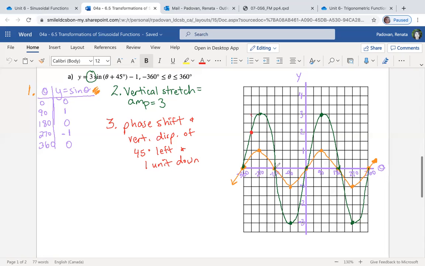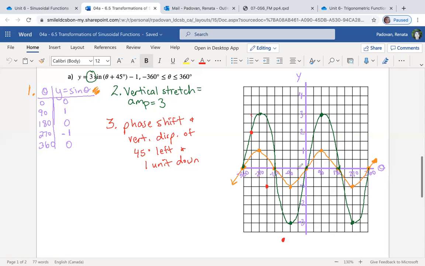So be careful with that. Go back to my green. My next green dot would be here at negative 180 and theta being 0, right? So I'm shifting that 45 degrees to the left, and 1 unit down is again technically going down by 2. And then my next dot would be down here, moving it 45 degrees to the left and down 2. I'm going to run out of room here, 45 degrees to the left and down, because I'm moving it down 1, but 2 spaces is what I mean.